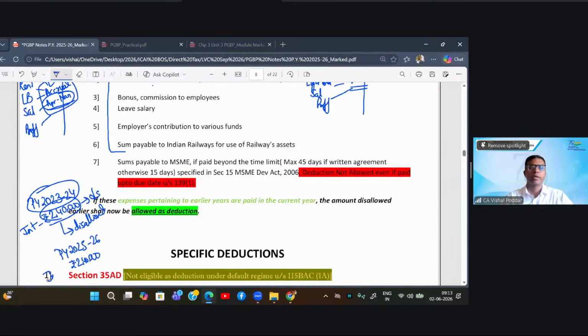So the same interest of 23-24, which remained outstanding, which was appearing as a liability in your balance sheet, is now finally paid. Now, once it is paid, you can reclaim this deduction in the current year. So when you are doing reconciliation of this current year, that is 25-26, this amount will be subtracted.